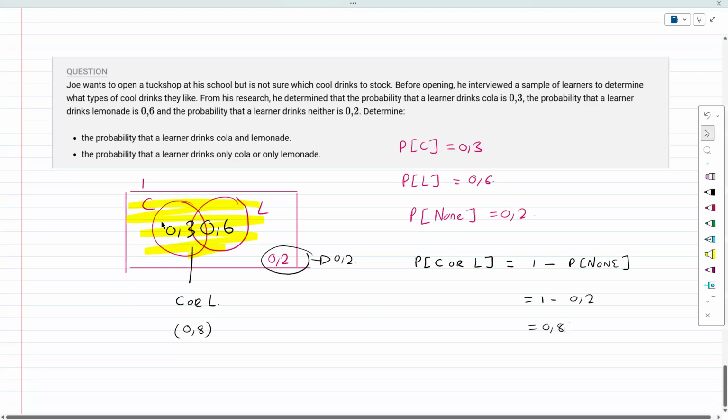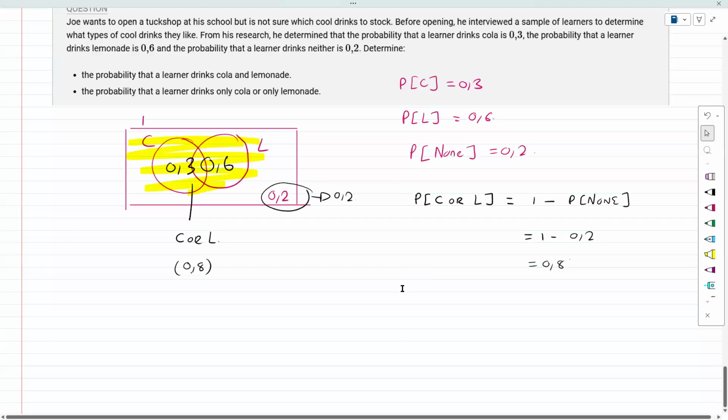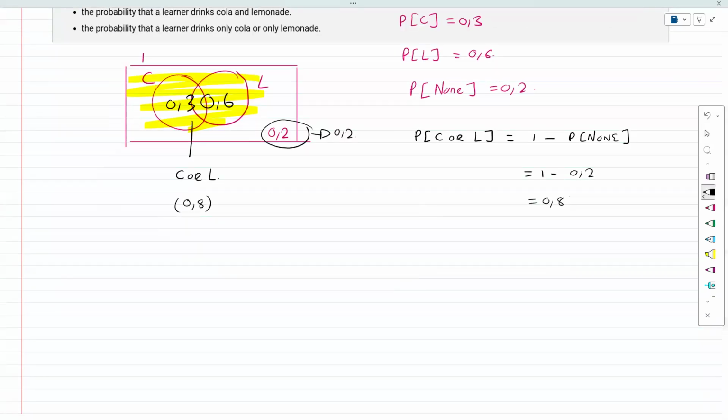Now, guys, if you draw a diagram like what I did and try to figure it out, it works out very well. Because now we know that people that like cola or lemonade is 0.8.